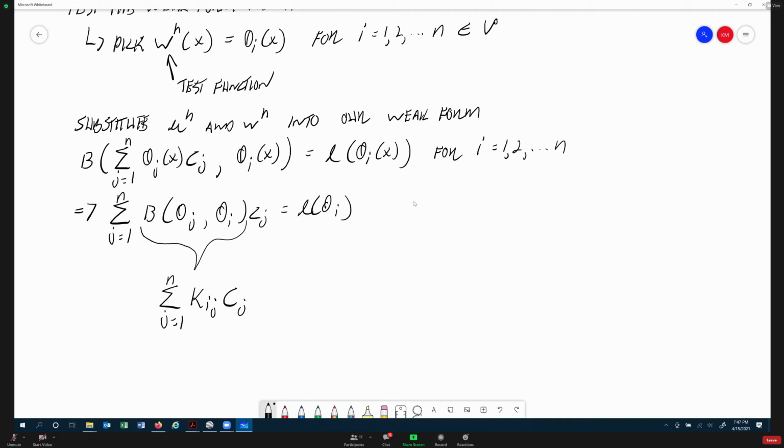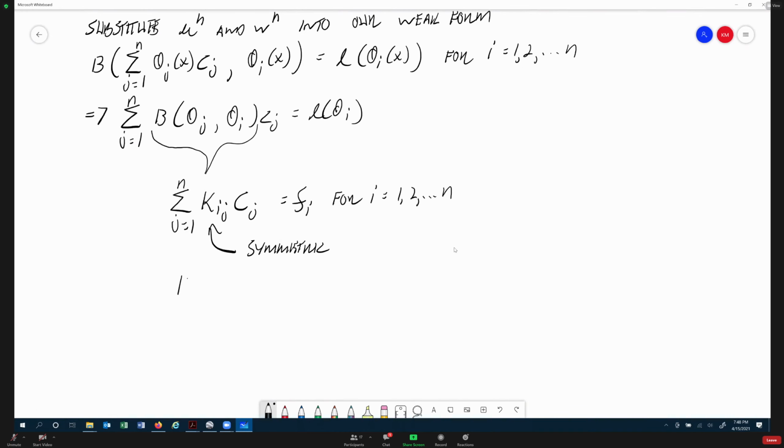K_ij c_j is equal to F_i, for i equal to 1, 2 to n. And this is symmetric because B is symmetric. Remember we said that before? The B(u, delta u) and B(u, w), all those are symmetric.